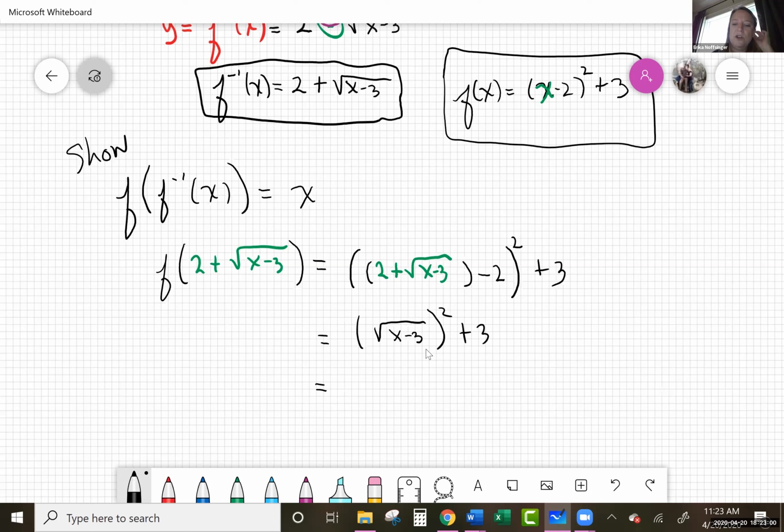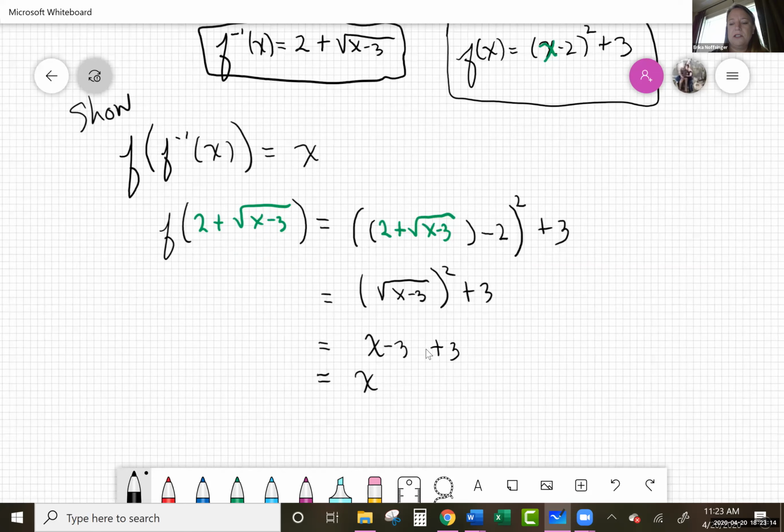It's a single term or grouping in there because of the radical. The square cancels the radical, so you're left with x minus 3, and then outside that plus 3. So this simplifies to just x, and that's what we wanted to show.